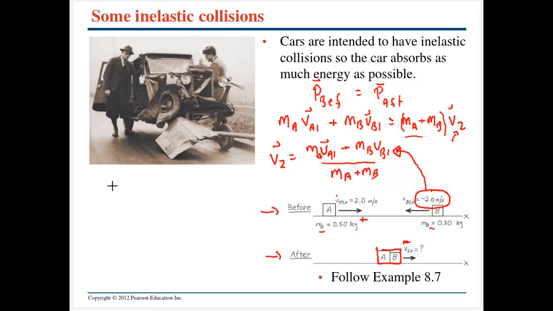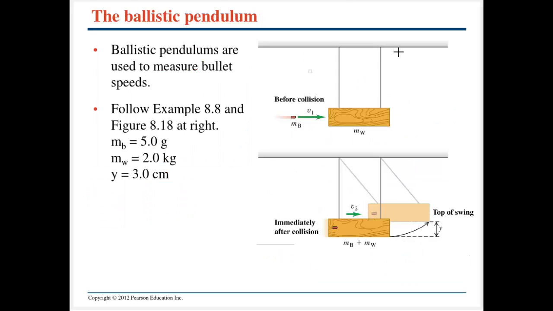If it comes out negative, then it's going in the left direction. So we can go ahead and plug all those guys in there, and we're going to come up with 0.5 meters per second.